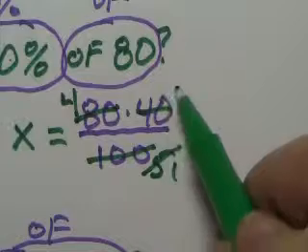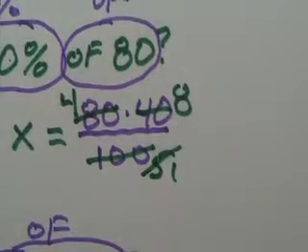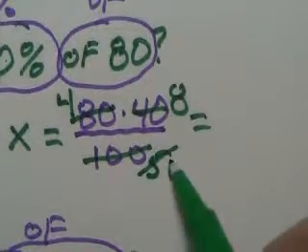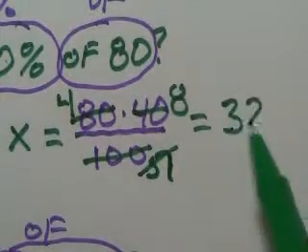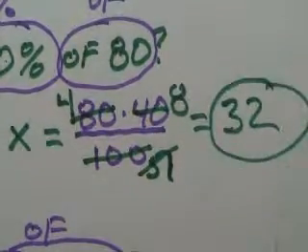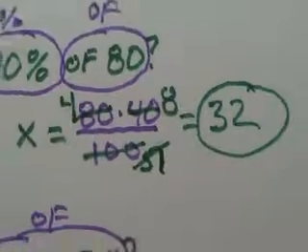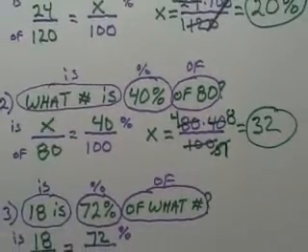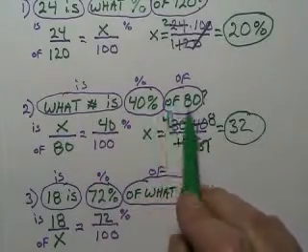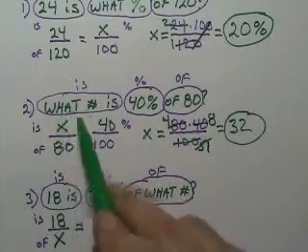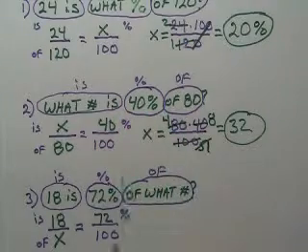And 5 goes into 40 8 times. So now this is a 1 down the bottom, and the 4 and 8. 4 times 8 is 32. Now let's see if it makes sense with the question. The question is, what number is 40% of 80? 32. 32 is 40% of 80.